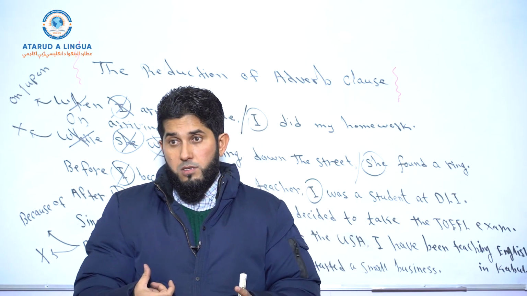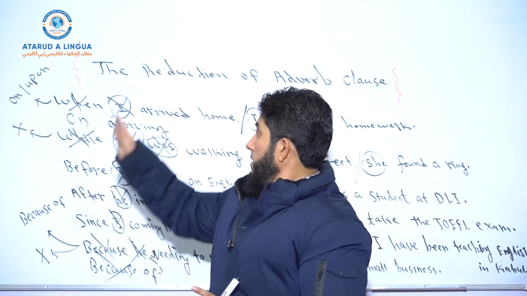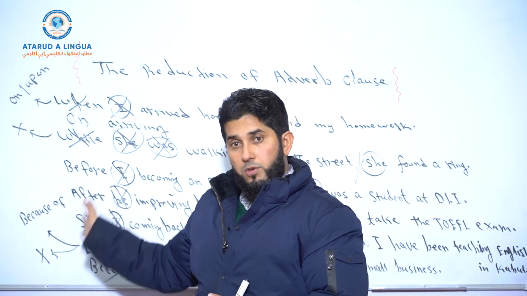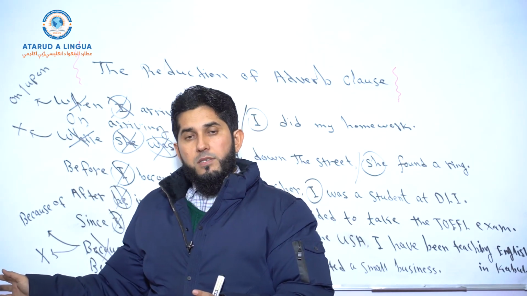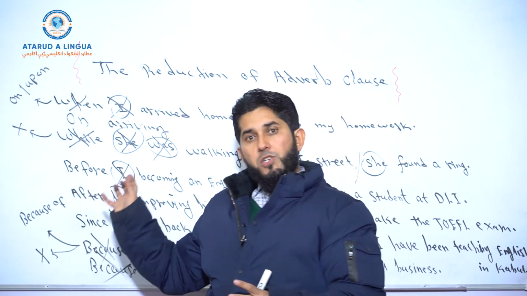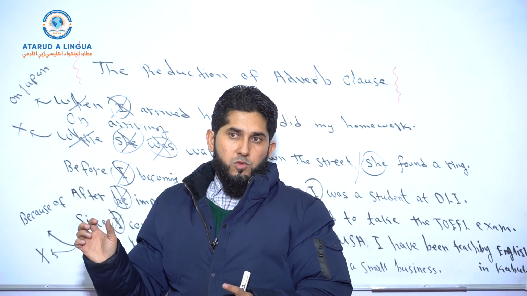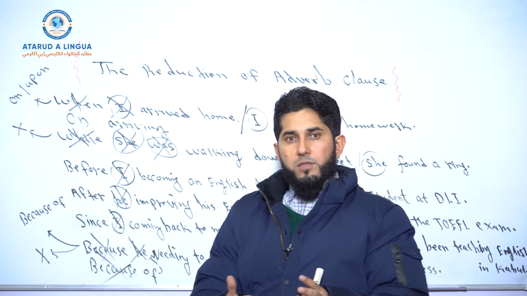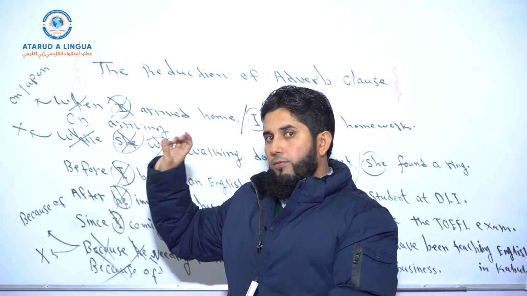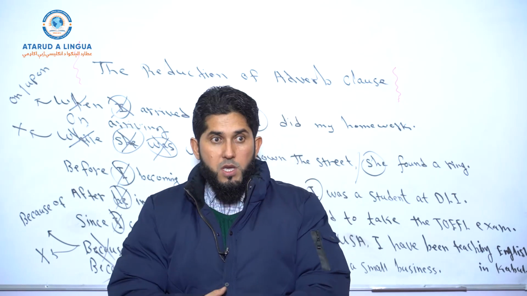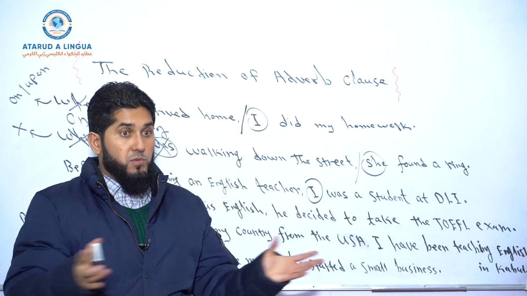Okay? So now these words which were used as conjunctions in your adverb clauses function as prepositions. When you reduce the adverb clause to a modifying phrase, the conjunction functions as a preposition. And these phrases have the same job.